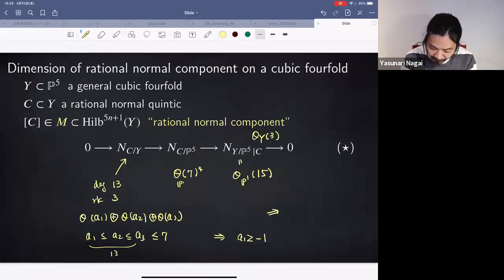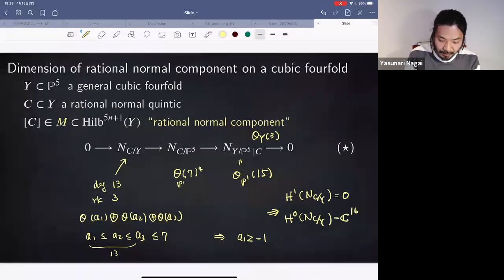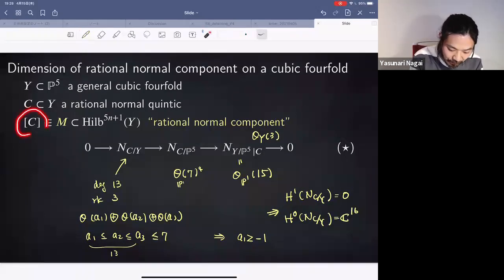And then we conclude that H1 of the normal bundle is trivial, and H0 of the normal bundle is 16 dimensional. So around this point, this is smooth, and the dimension is just 16.